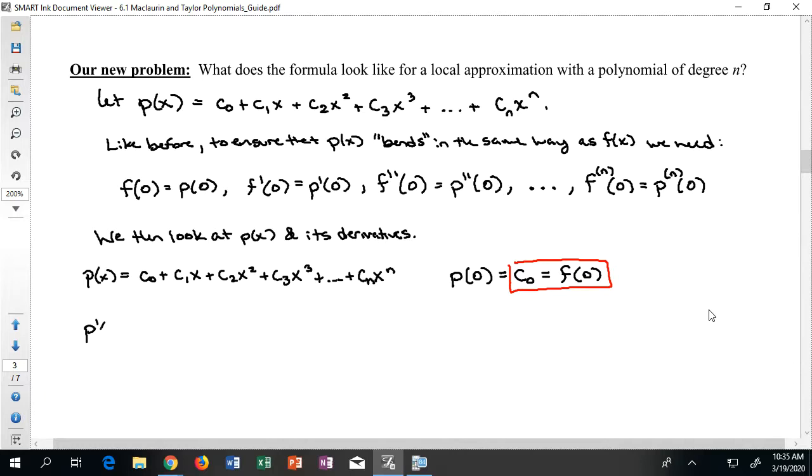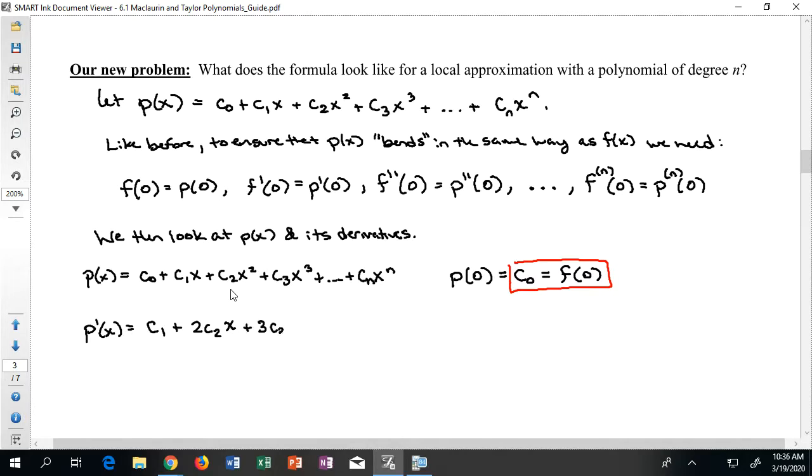Well, let's take a look then at the derivative of p of x. All right, so let's see. I'm just going to go one term at a time. This is just a bunch of sum rules and power rules. So derivative of c0, that's just 0. Derivative of c1 times x, that's c1. Derivative of c2 times x squared, that's 2c2 times x.